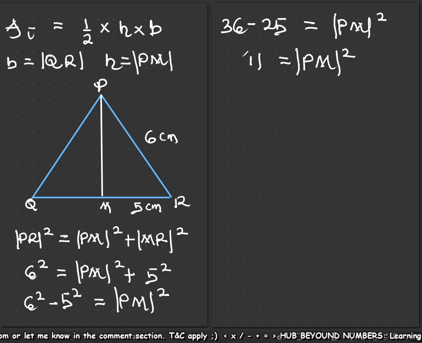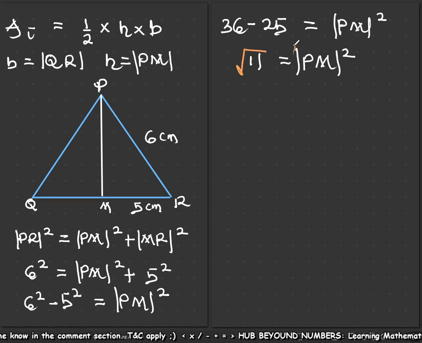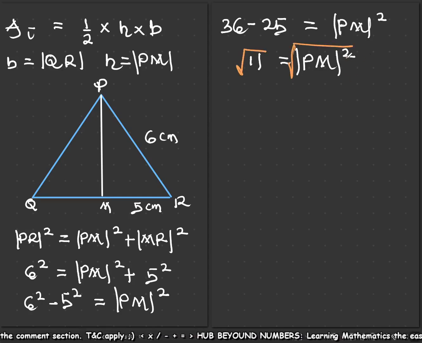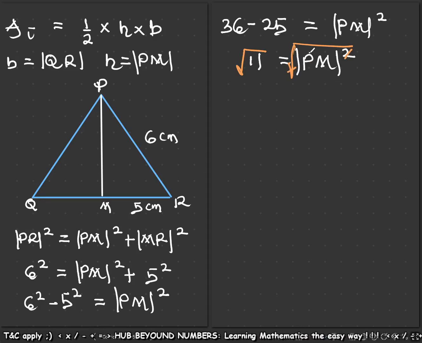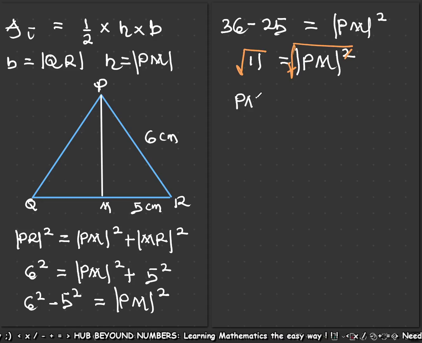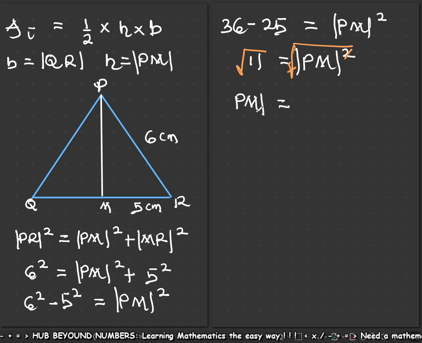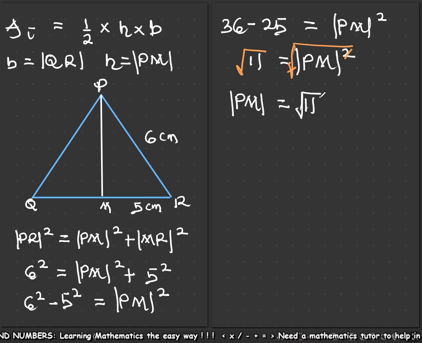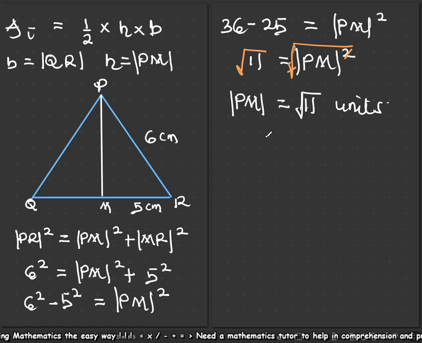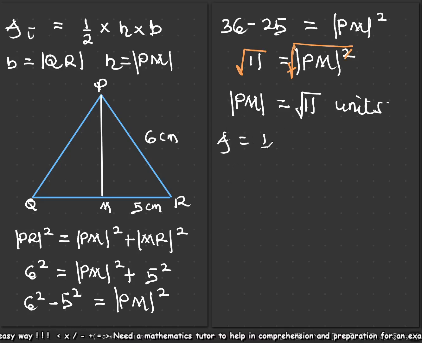We'll have to find the square root of both sides. With the square roots now, the square cancels the square root sign. And then the length of PM is equal to root 11 units. This is what we have. So with that, we now have all that we need for the area of the triangle.